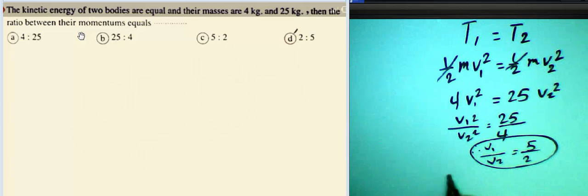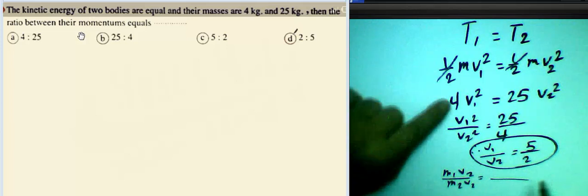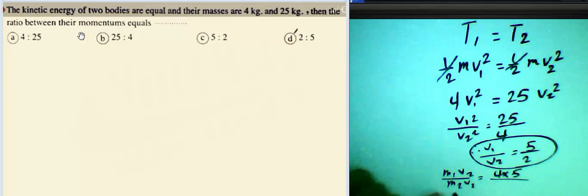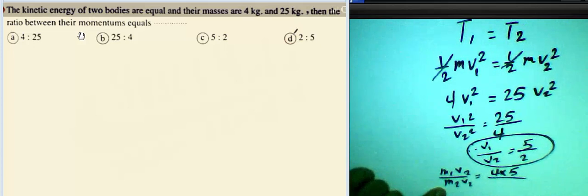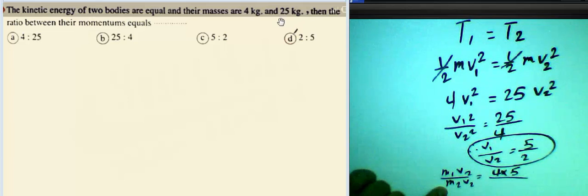Then m1 v1 over m2 v2. The mass 1 he gave us is 4, multiplication by 5, over m2. m2 tells us the mass here is 25. We can find the result by dividing.